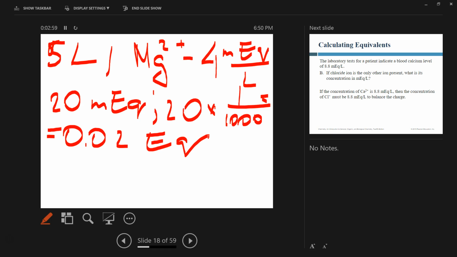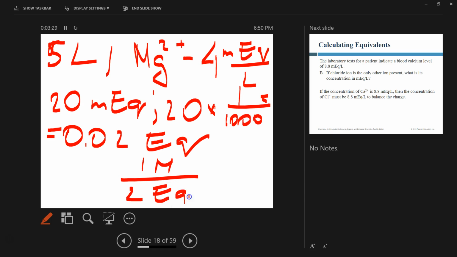The next step, we need to convert it into moles. For magnesium, which has a double charge, what's going to be the conversion factor from equivalents to moles? So 1 mole of magnesium produces how many equivalents, if it has a charge of 2? 2 equivalents.